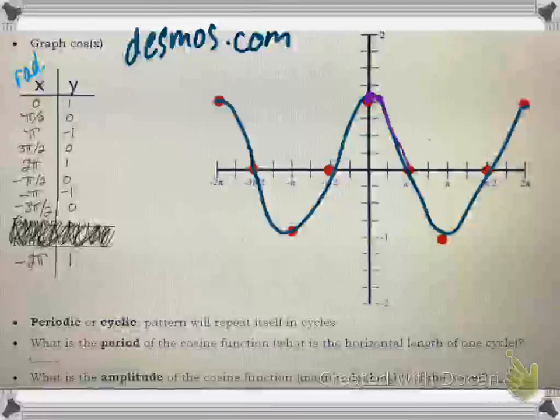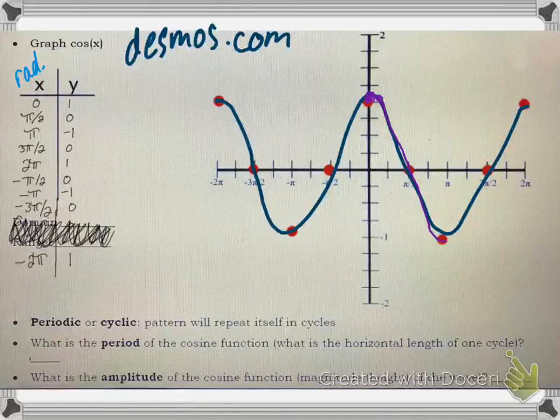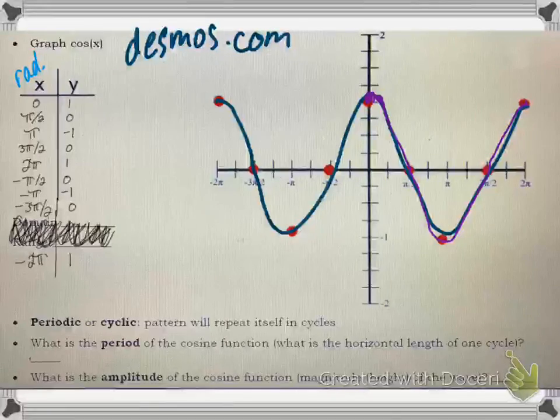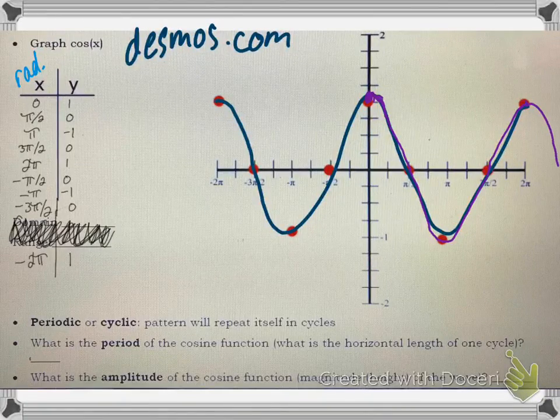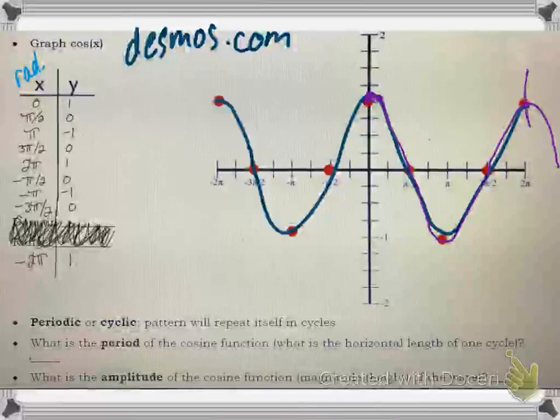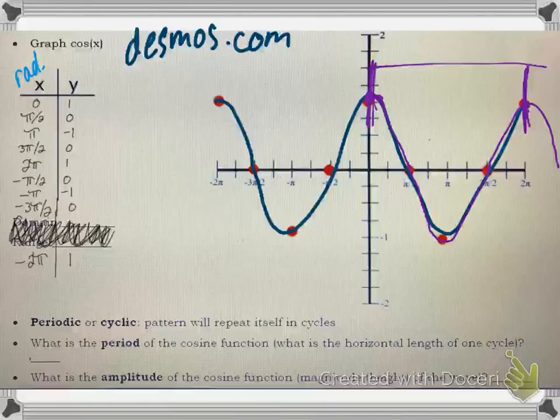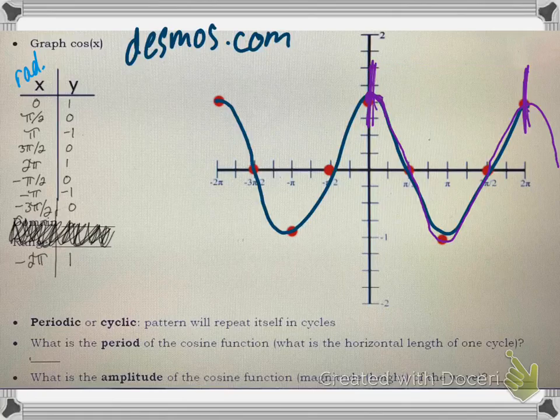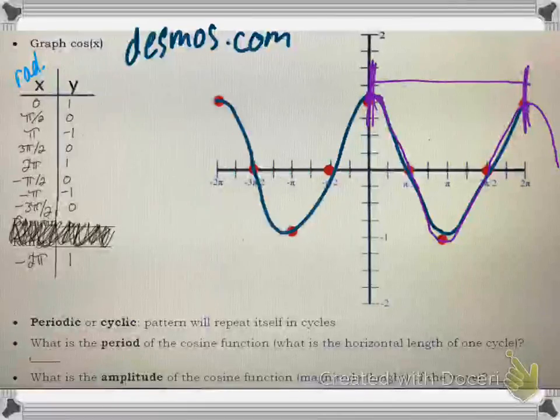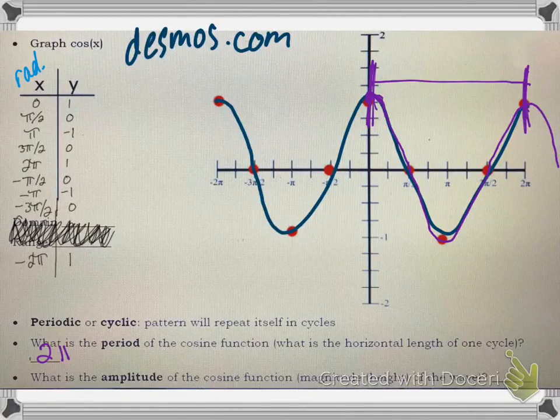So my graph goes down, hits 0, hits -1 down here, goes back to 0, and then goes back to 1. At that point, it would turn around and go right back down. So my section of the graph that is repeating is from here, from 0 all the way to 2 pi again.